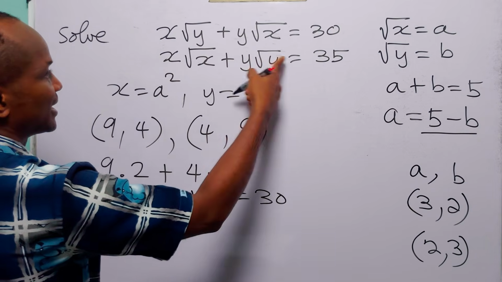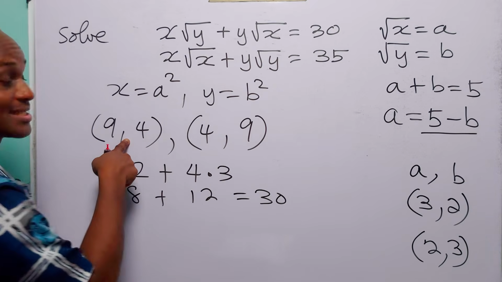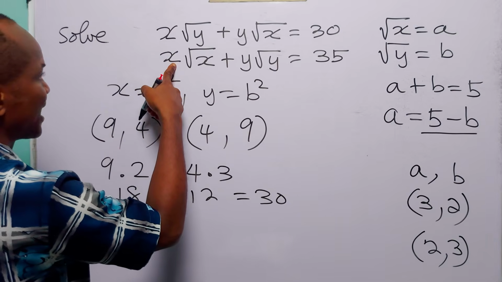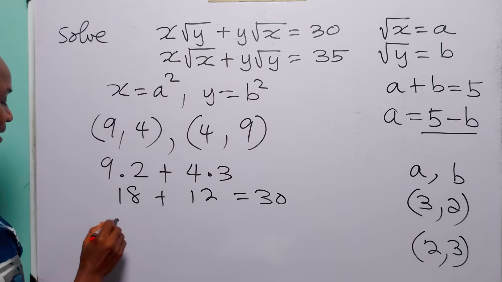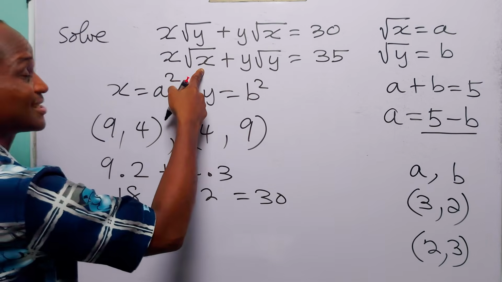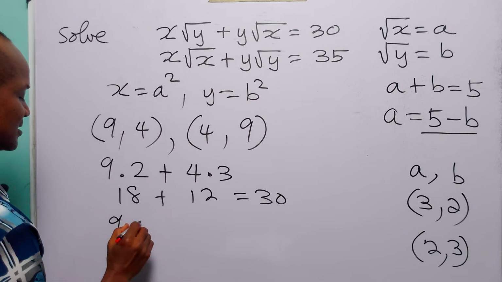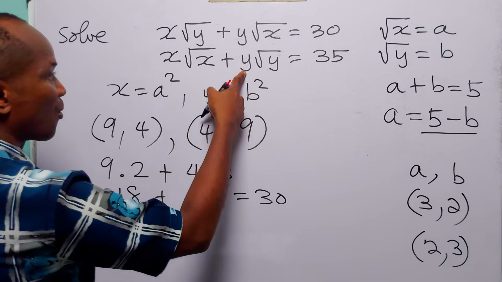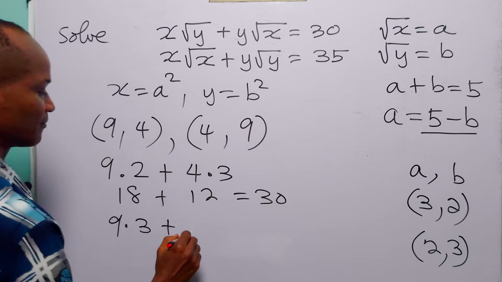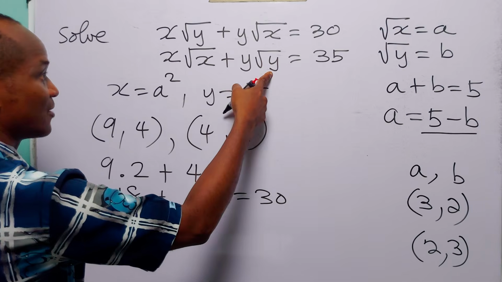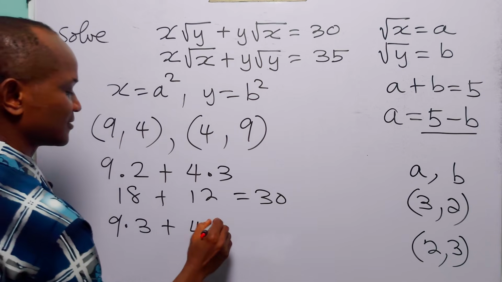Now, in the second equation, still for this first point, we have x, which is 9, times the square root of x, which is 3, plus y, which is 4, times the square root of y, which is 2.